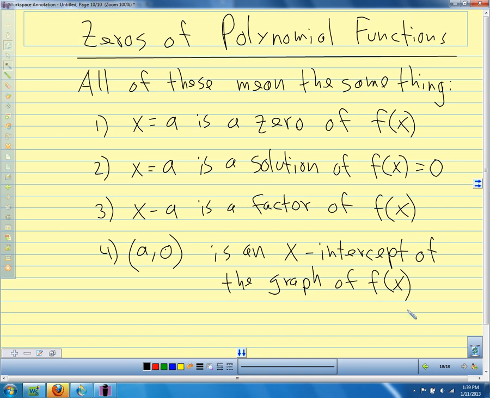So all four of those things mean the same thing, and we will use these not quite interchangeably, but we'll talk about them all to mean the same thing.